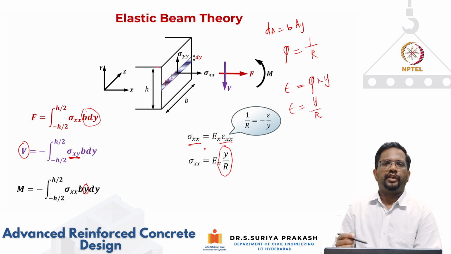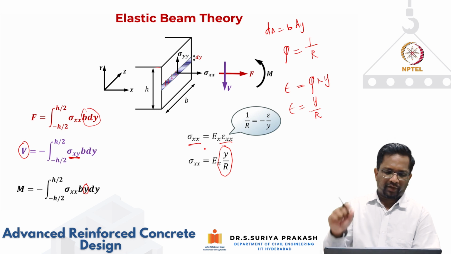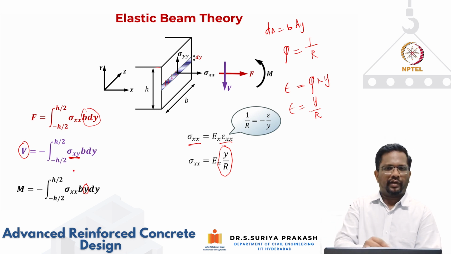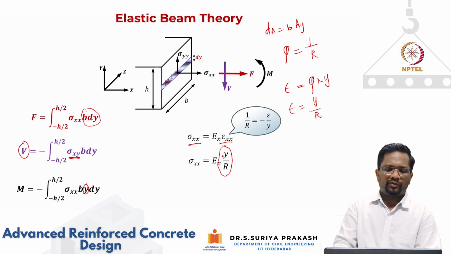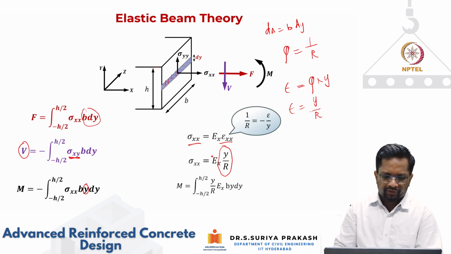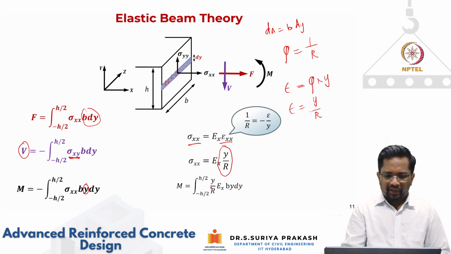So sigma can be expressed as elastic modulus multiplied by y by r for that particular distance. Of course, I have to integrate this. So now sigma is expressed in terms of the elastic modulus and the distance of the fiber. Now when you substitute back into the integral, sigma xx becomes E multiplied by y by r multiplied by b dy.